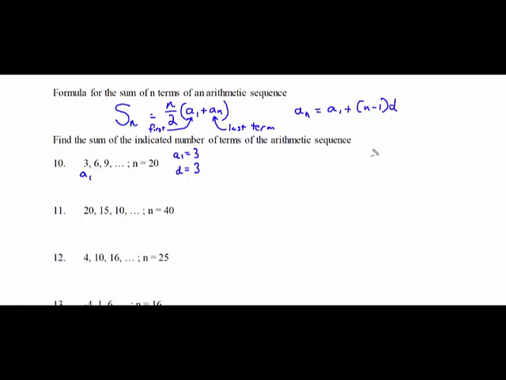The big question is we want the sum of the first 20 terms. According to our equation, it's 20 divided by 2, and we know the first number is 3, but we don't know the 20th number.